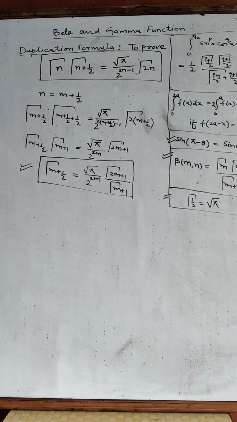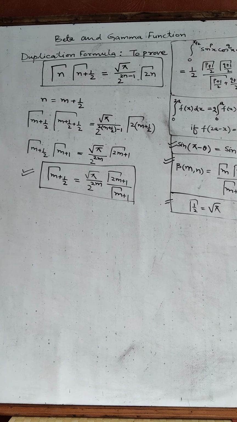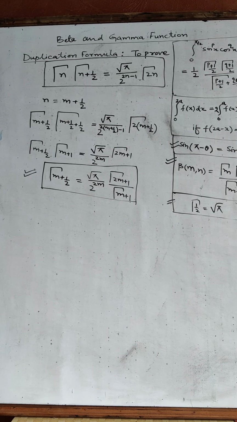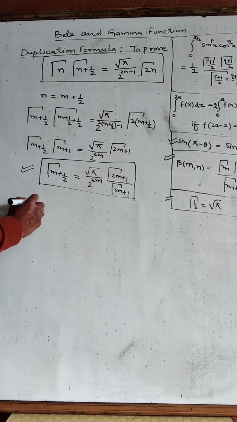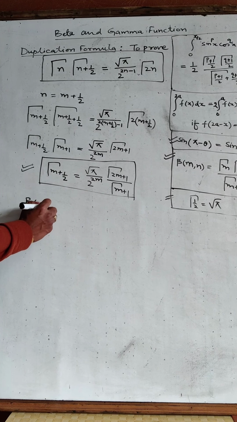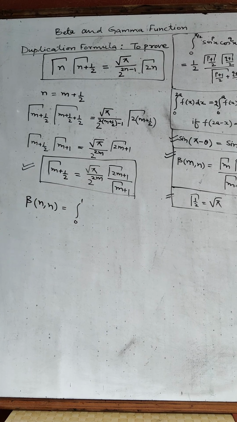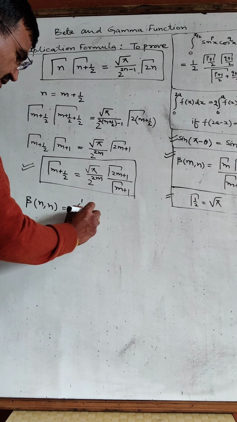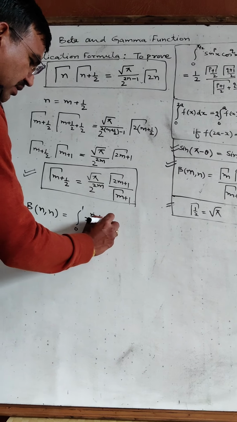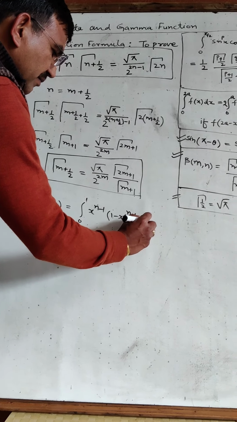Now if in your exam your examiner tells you to prove this result, how will you prove it? So students, again go to the start of the duplication formula. In our duplication formula, we started with beta of n, n, and it was the definite integral from 0 to 1 of x raised to the power n minus 1 into 1 minus x raised to the power n minus 1 dx.